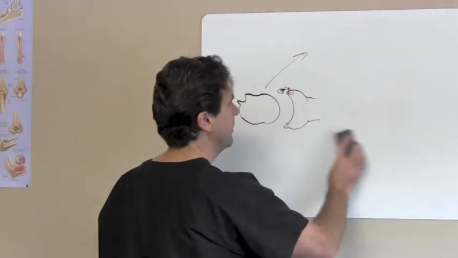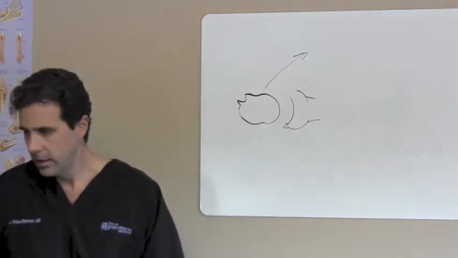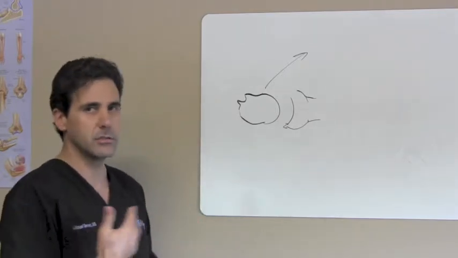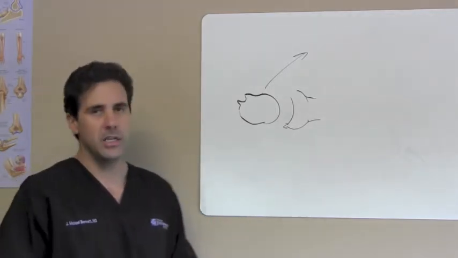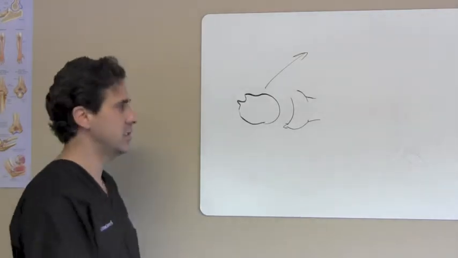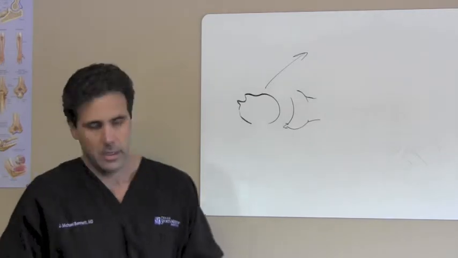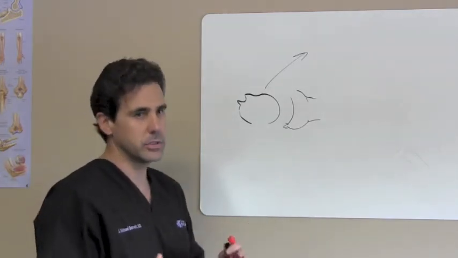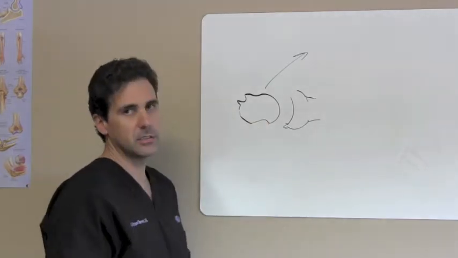Well, if you ignore it, what's going to happen is that over time, this ball and this socket are going to completely dislocate, or the ball is going to dislocate multiple times. Over many years, as that ball continues to dislocate outside of the socket, it will wear away certain portions of the socket and certain portions of the ball. So you can get what's called a chronic Hill-Sachs deformity here.